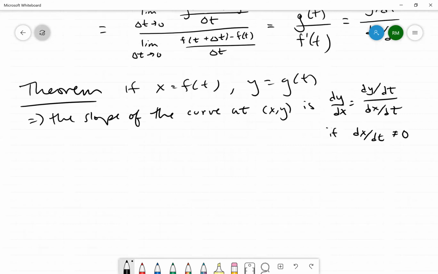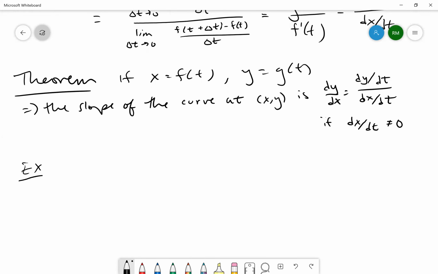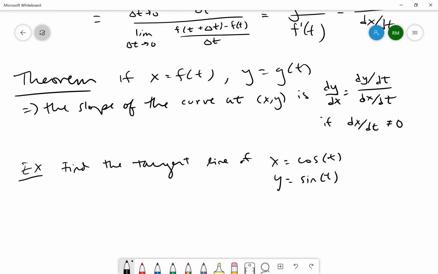So we should do this with an example. So we should find the tangent line of the equation x equals cosine of t, y equals sine of t, where t goes from 0 to 2 pi. And we're going to do it at the point 3 pi over 4.